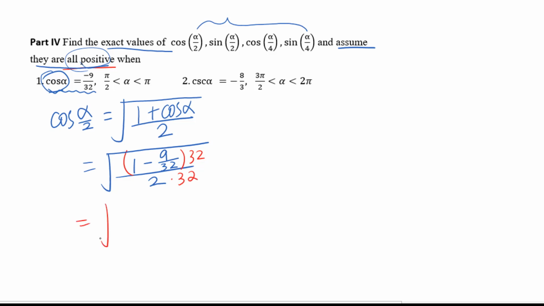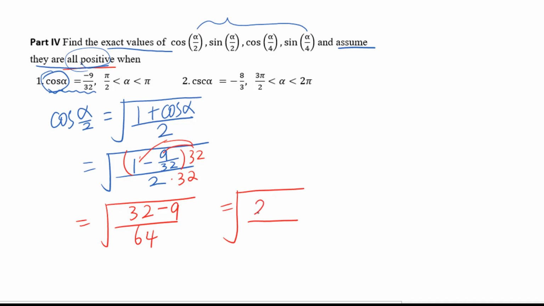You will get square root. Denominator is 64. Then do the distributive property here. You will get 32 minus 9, that is 23 over 64. You will get square root of 23 over 8.